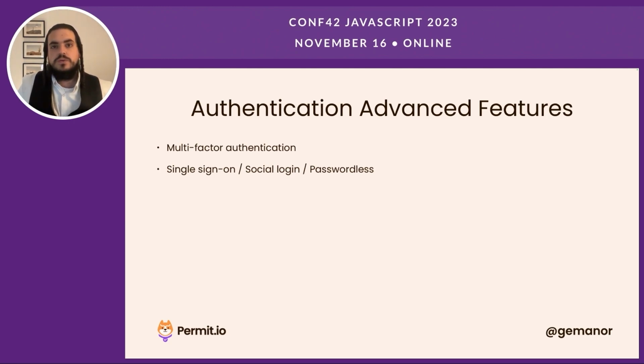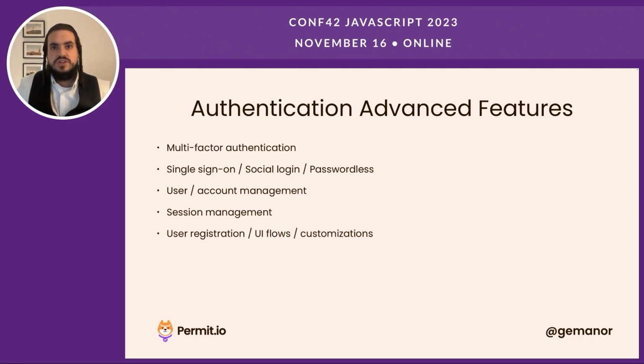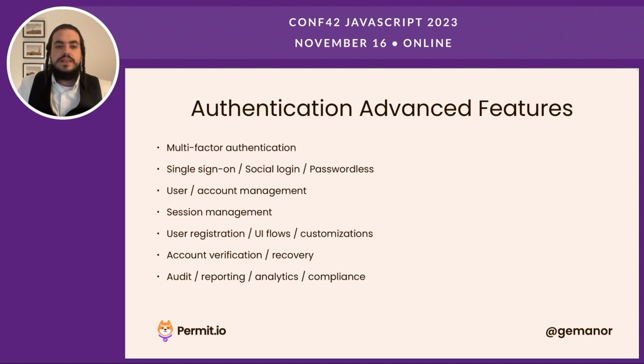We might want to let them use biometric or passwordless mechanisms to authenticate. We also need to manage all our users, right? We need some identity provider to manage identities. We also need to manage the sessions, manage the registration of the user, the login flows, the sign-up flow. We need to verify accounts. And there are many features in authentication. So authentication is not that simple, right?